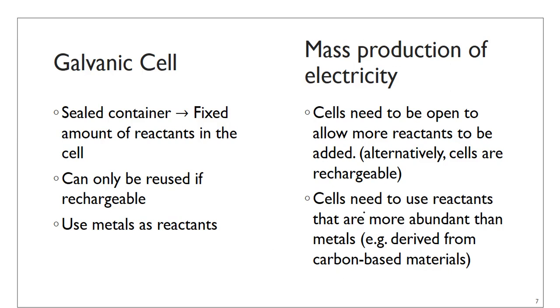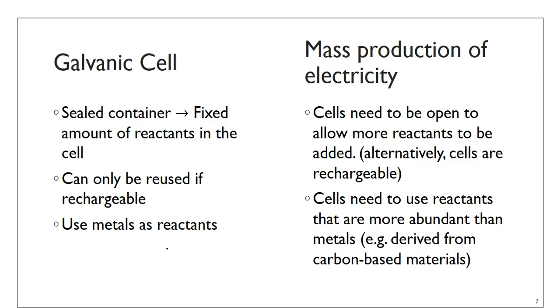It's also very important. This second point is probably more important than the first. Instead of using metals such as copper or zinc as the reactants, you probably need to be able to use something that's a little bit more abundant and renewable, because metals are not actually renewable. You want something that's more abundant, carbon-based preferably, because we can make carbon-based fuels from, for example, photosynthesis.